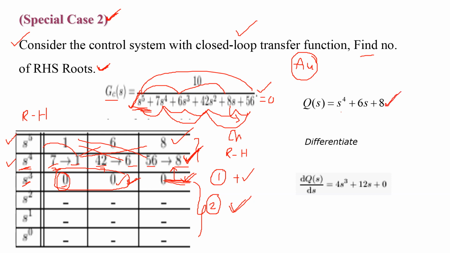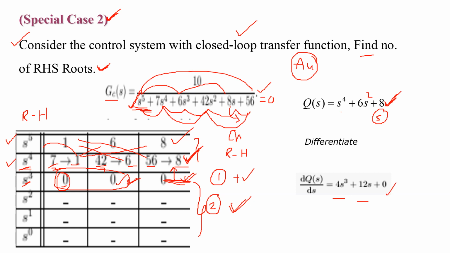Now we have to differentiate this auxiliary equation with respect to s. By differentiating we are going to get 4s cube plus 12s plus 0.